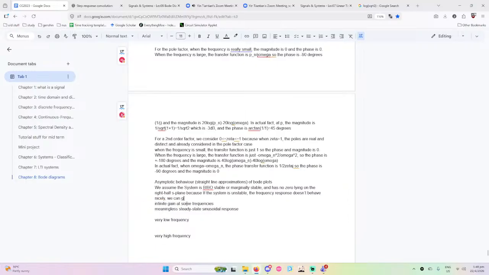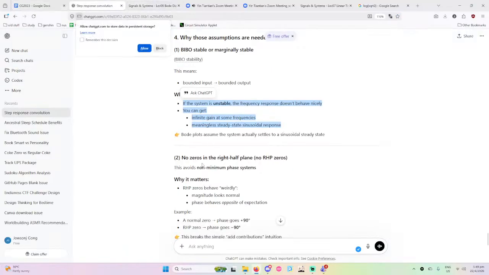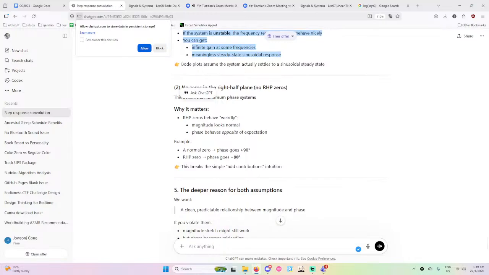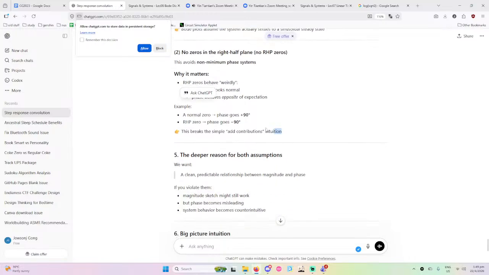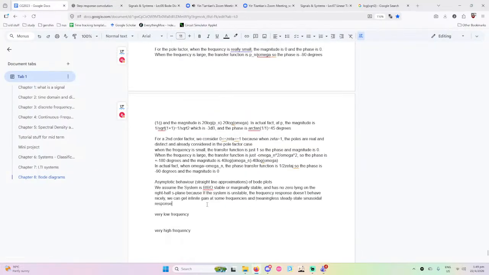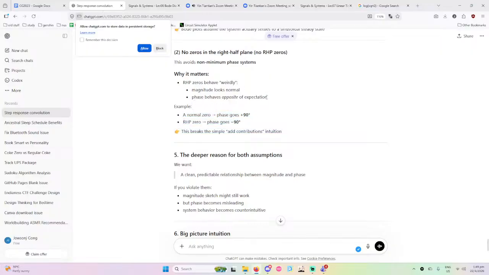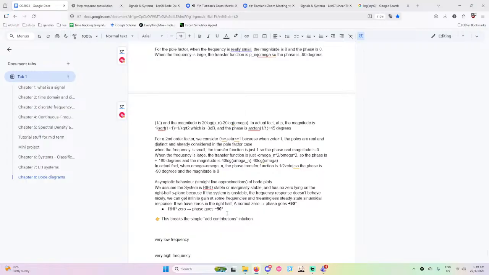And the last case is omega n squared divided by S squared plus 2 theta omega n S plus omega n squared, which is omega n squared divided by minus omega squared plus 2j theta omega n omega plus omega n squared in the frequency response. Okay, so still we need to consider the slope in dB per decade and the phase in degrees.